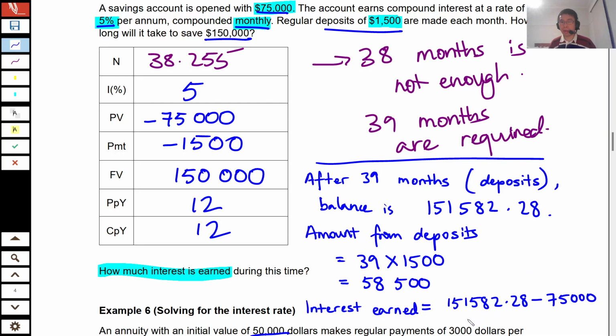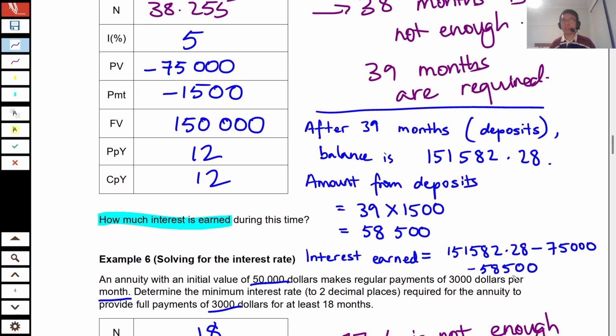And then I need to take away the amount that was added through deposits. So 151,000 minus 75,000 is the amount that my account grew by in 39 months. Of that amount, 58,500 came from deposits. So whatever is left over is just the interest.